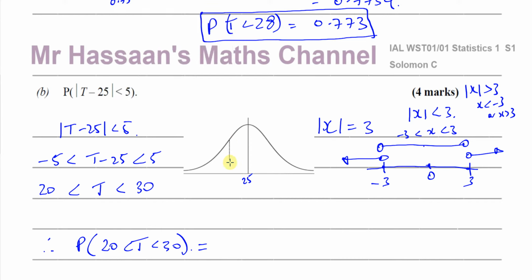Let's say 20 is over here, and let's say 30 is over here. It's exactly symmetrical actually, because the distance between these two are the same. This is 20, that's 5 units, that's 30, that's 5 units. So basically we need to find the whole of this area between these 2 points here.